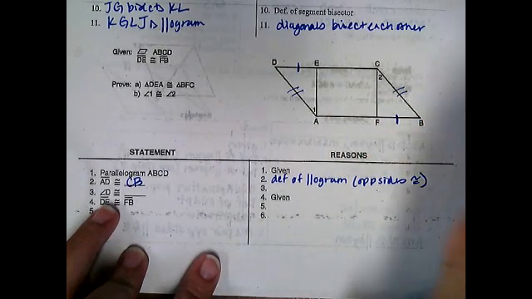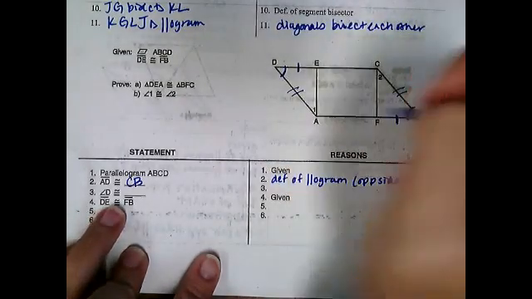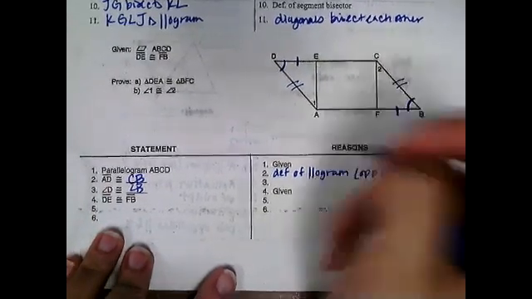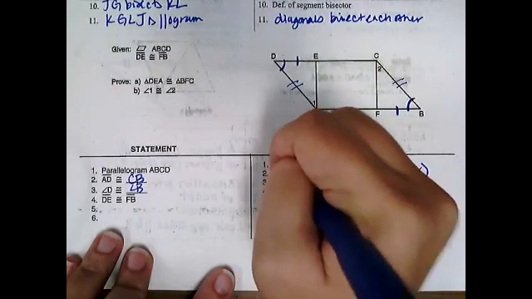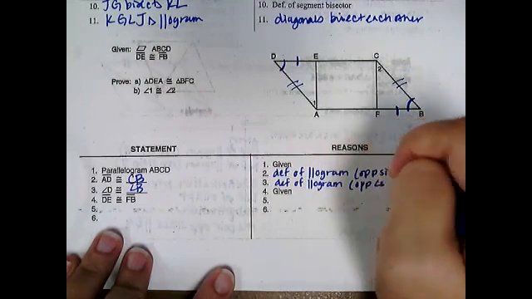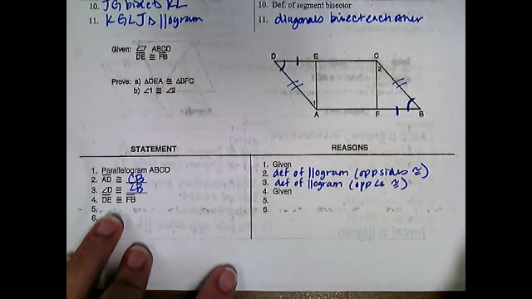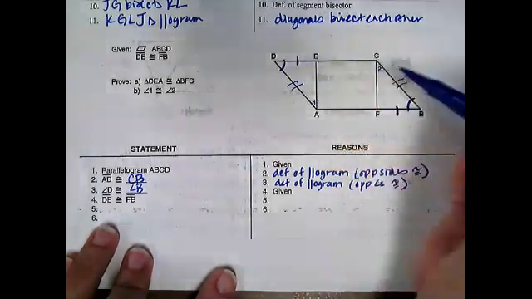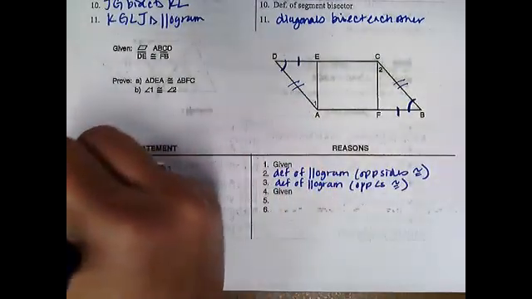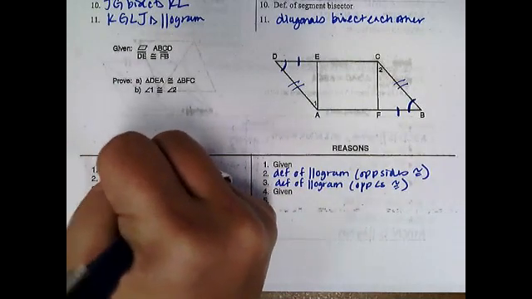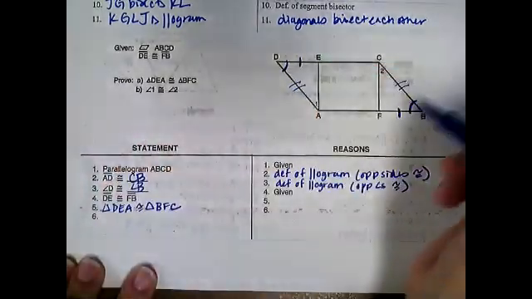Angle D is congruent to angle B, because opposite angles of a parallelogram are congruent. DE is congruent to FB, that's given to us. So now we can say that these triangles are congruent like we were supposed to. Triangle DEA is congruent to triangle BFC by side angle side.